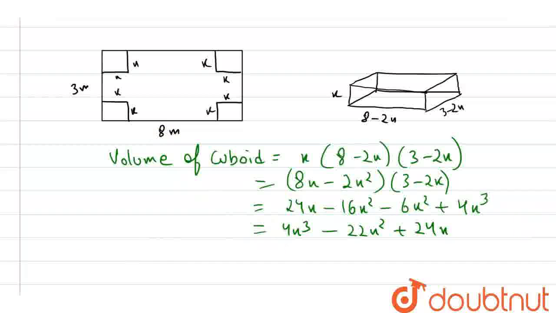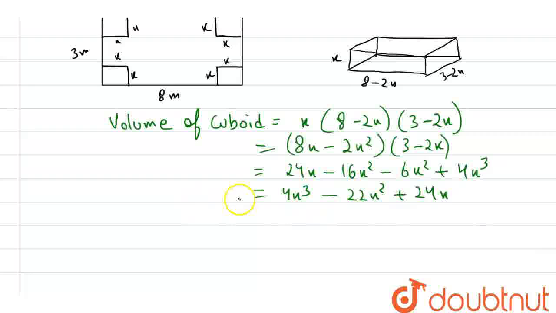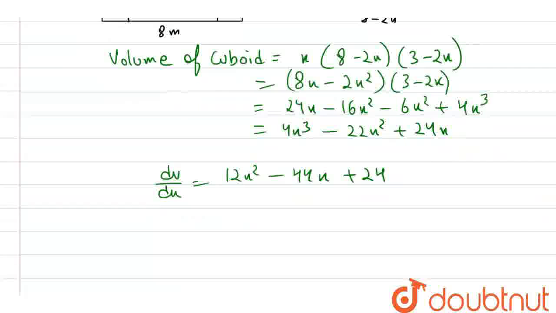So now differentiating this with respect to x, we get dV by dx is 12x square minus 44x plus 24. For further simplification, we take common 4, so it gets 3x square minus 11x plus 6.